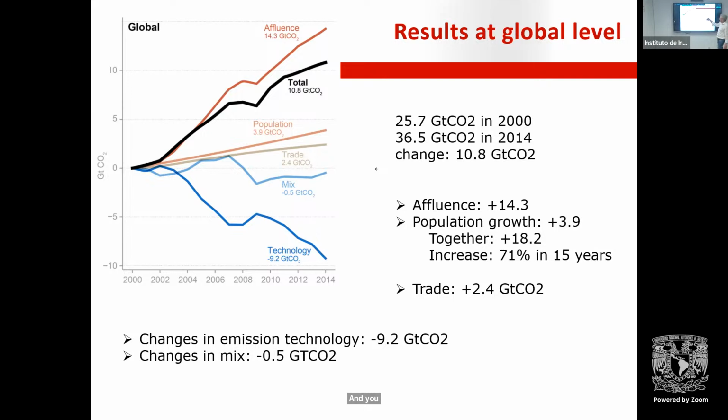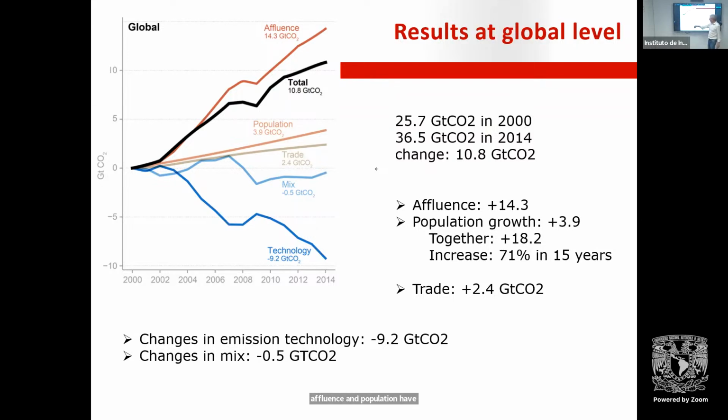So for example, affluence almost goes through the roof and ends here at 14.3. Population, 3.9. So together it's 18.2, an increase of 18.2. In comparison to the 25, that would be an increase of 71% in 15 years, if only affluence and population had been the drivers.